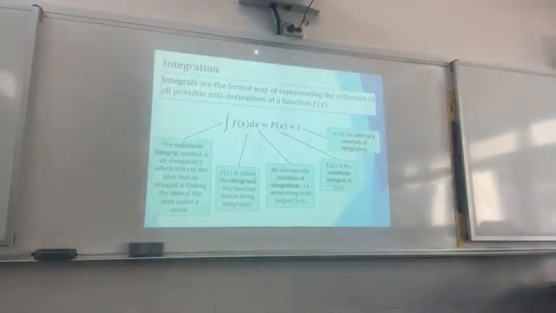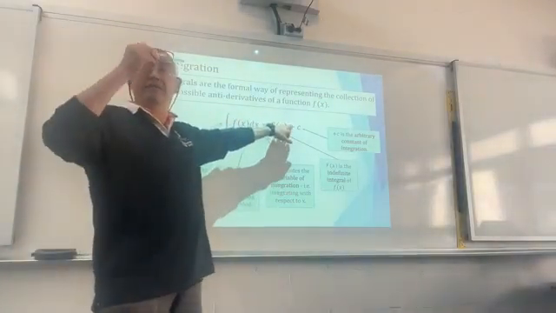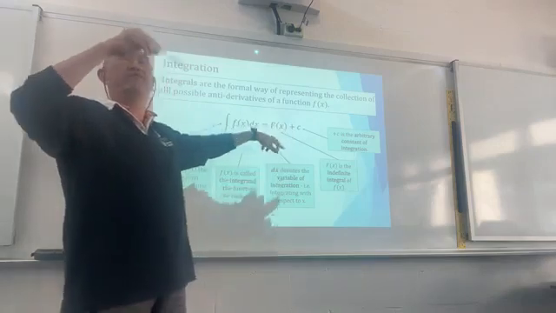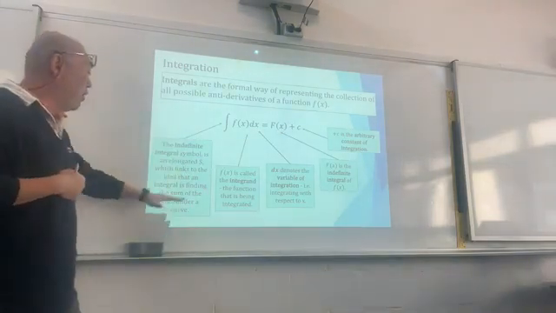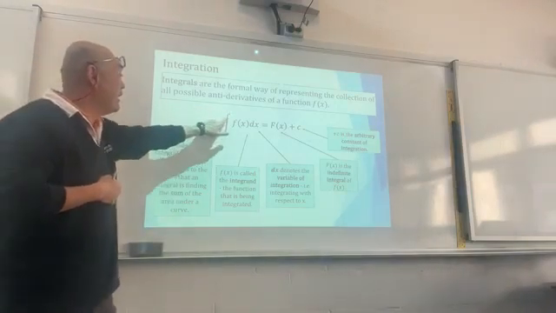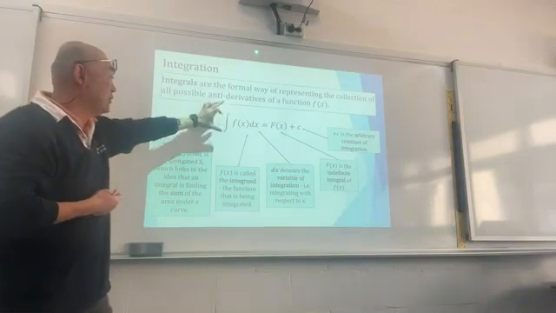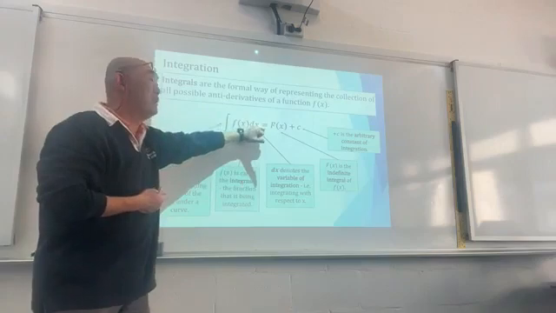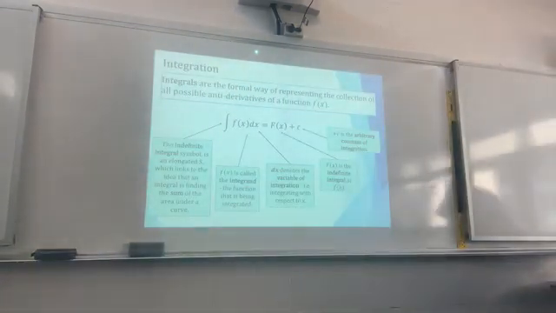You could have any c. You don't know the c until you're given a certain condition. For example, after you've integrated, if you've got an x and y value, then you can work out what the c is. At this stage, we are not going to work on the sum of the area yet. It'll be next year. You are looking at the elongated s, which is integral. So you're integrating f(x) dx, and it will become F(x) plus c. It's just like the idea of antiderivative.